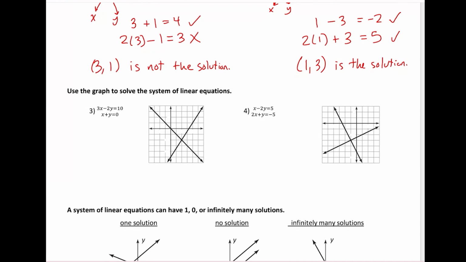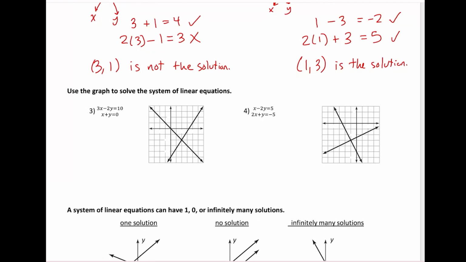A graph is just a big list of numbers that satisfy the equation. So when you see the graph of a line representing a linear function, that line is really just a collection of points that, if you were to plug them into the equation, would give you a true statement. So the point of intersection between two lines is going to be your solution.